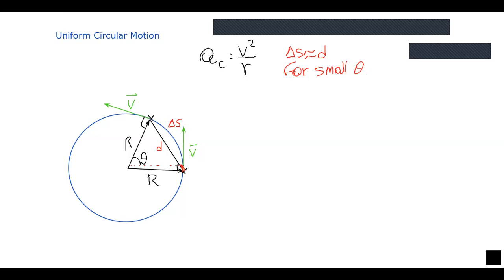But because the velocity always makes a 90-degree angle with the radius, the velocity vector also had to rotate by the same angle theta with respect to its initial orientation. So the angle between the initial and the final velocity is also theta.